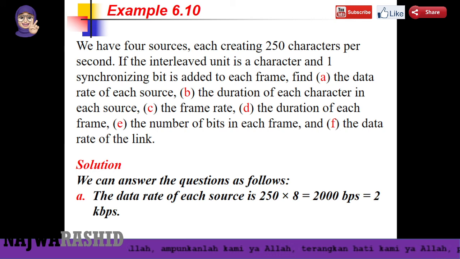A, the data rate of each source: it creates 250 characters per second. One character has 8 bits, so 250 times 8 equals 2000 bits per second, or 2 kilobits per second. That is the data rate of each source.